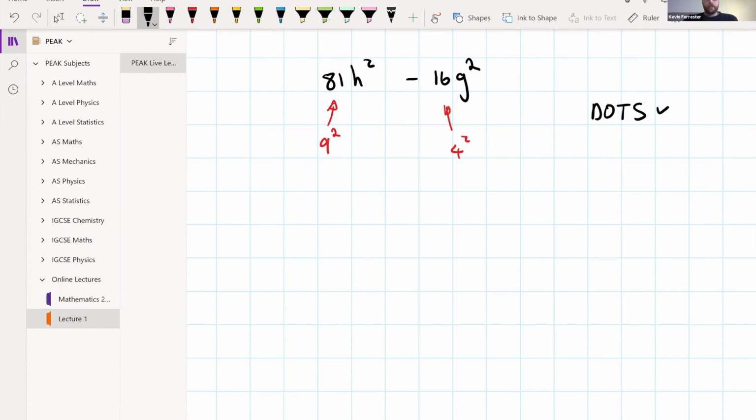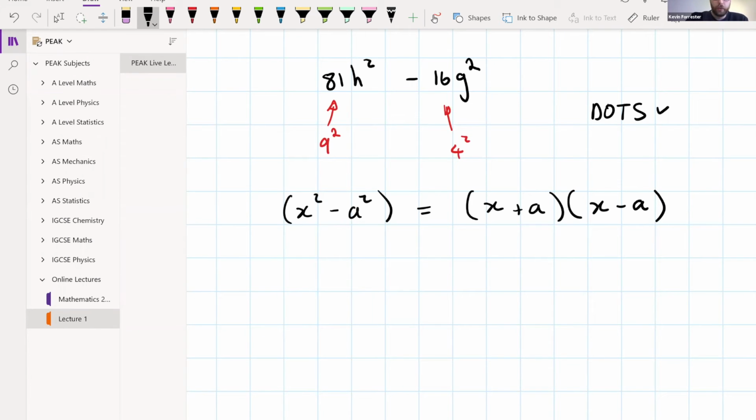Tick. So now we just need to apply the rule. So let me write it again for you guys. X squared minus a squared equals x plus a, x minus a. Okay, so let's apply the rule. So we're going to have, now this forms our x term, right? And we see that it's going to be 9h, right?